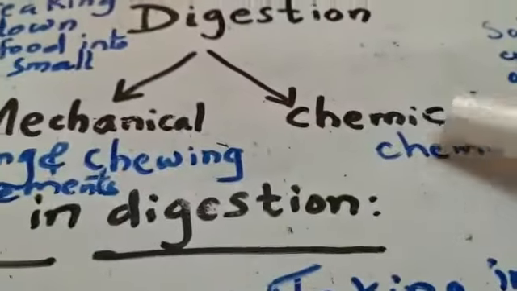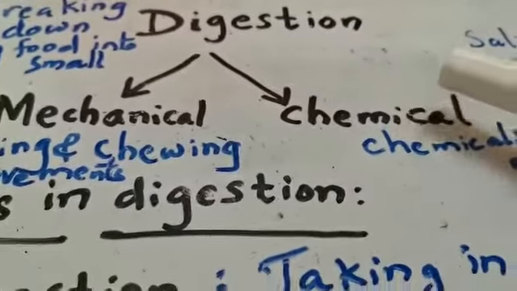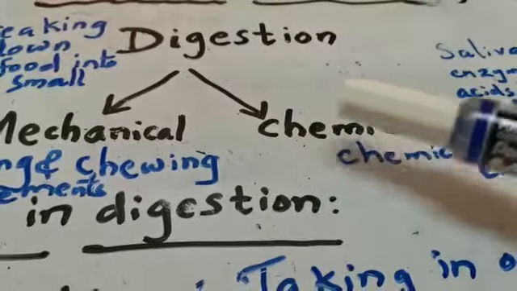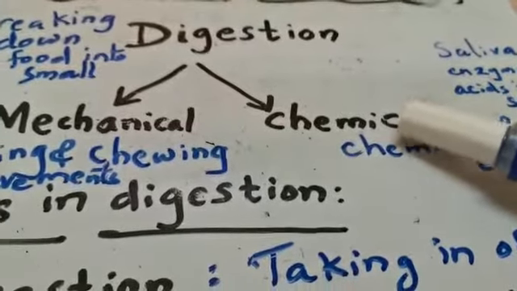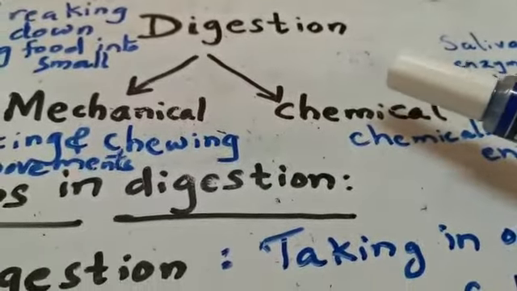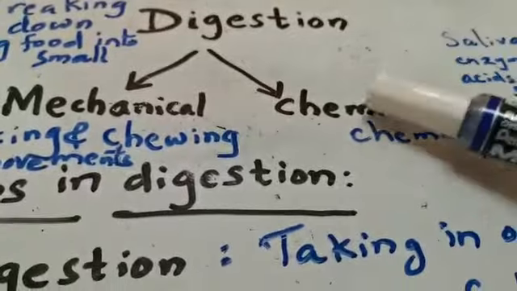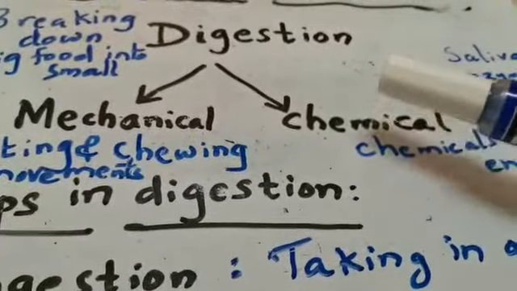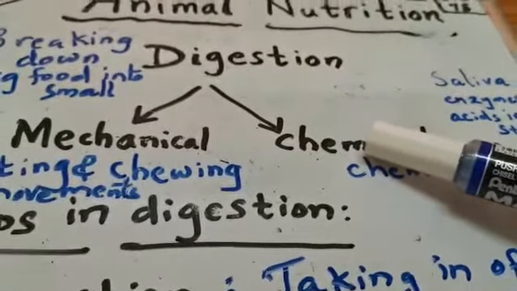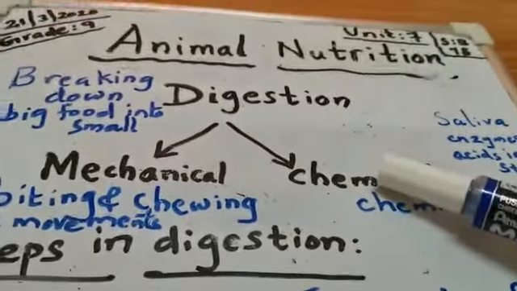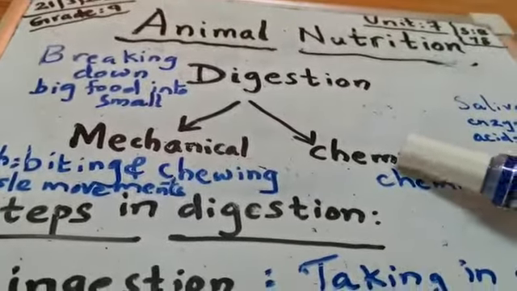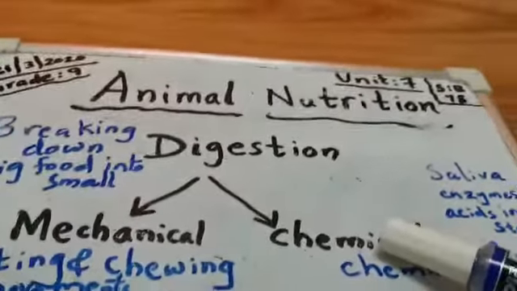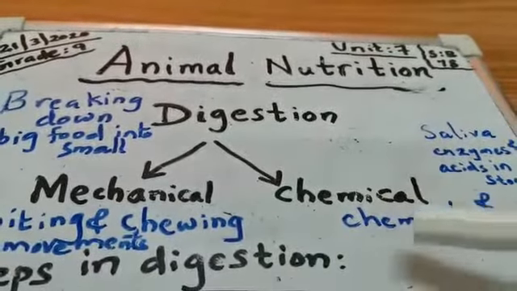Now if you look at chemical digestion, you can see the name chemical. Chemicals means enzymes and chemicals like acids and so on. The chemicals that help in the breakdown of heavy food particles into smaller pieces are called chemical digestion.